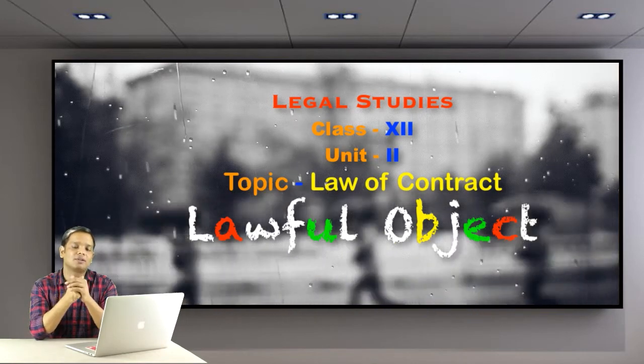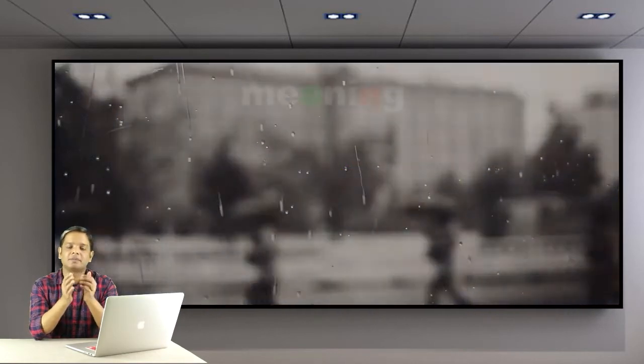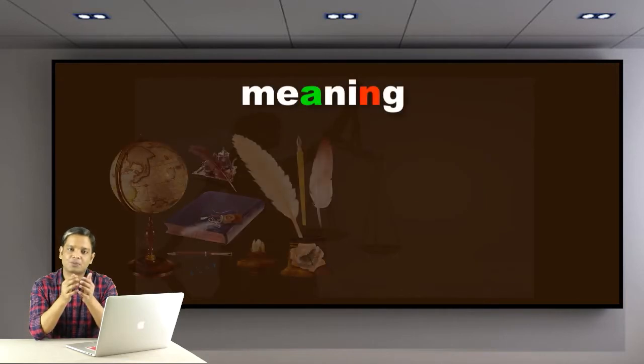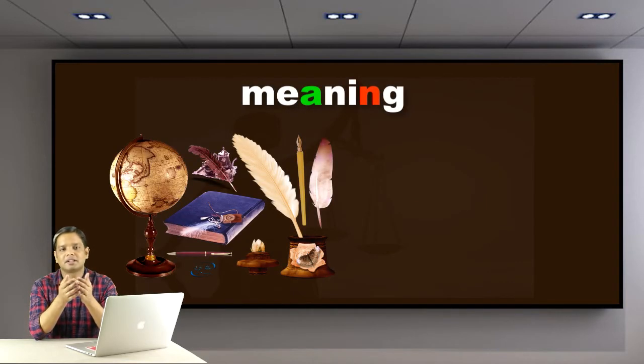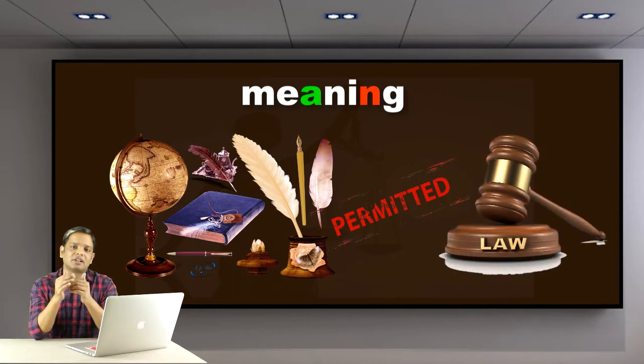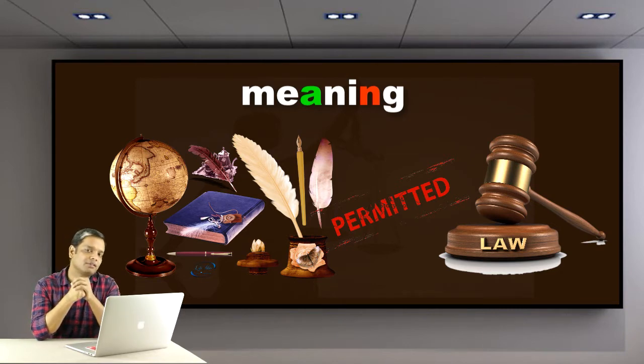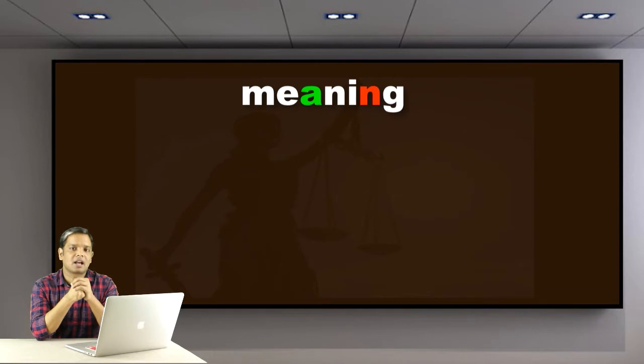What is the meaning of lawful object? It means any object or item that is permitted under the law of the land to do business, that is a lawful object. Let's check out the technical meaning of lawful object.